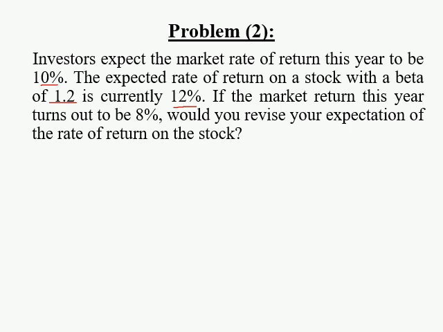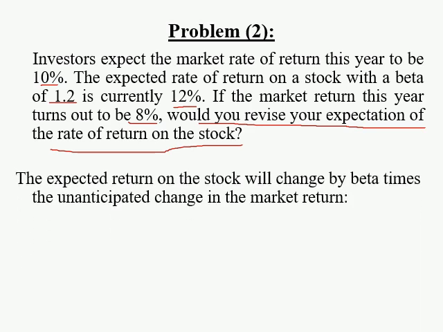If the market return this year turns out to be 8%, if the return went down from 10% to 8% for this market, would you revise your expectation of the rate of return on the stock? In this case, will the expectation for my stock go down from the 12% that I expected?